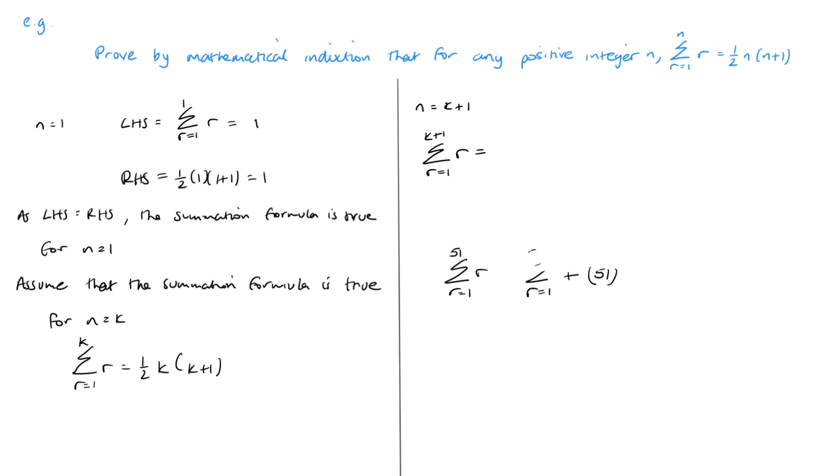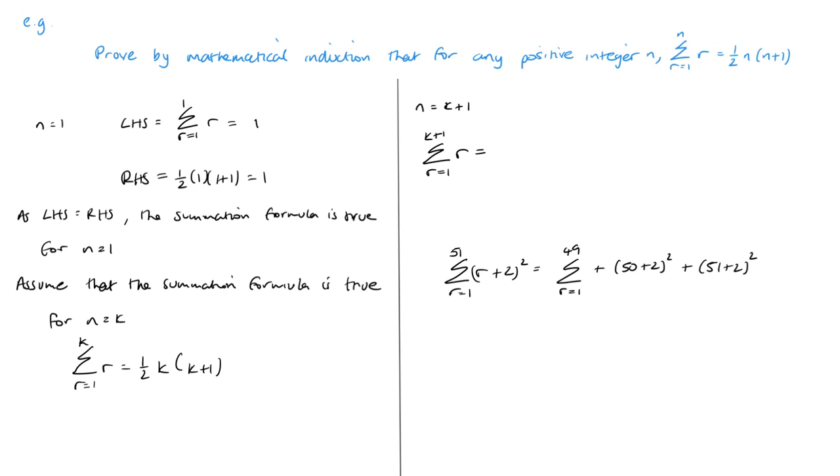Or if it was a little bit more complicated, say this was r plus 2 squared, then I could split this up into the sum to 50 plus 51 plus 2 squared, which is the 52nd term. I could, for example, call that the sum to 49 plus the 50th term plus the 51st term, because each term is just substituted into this.